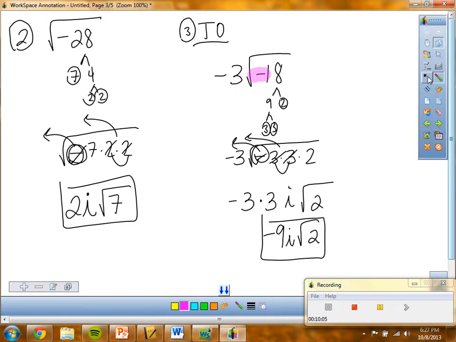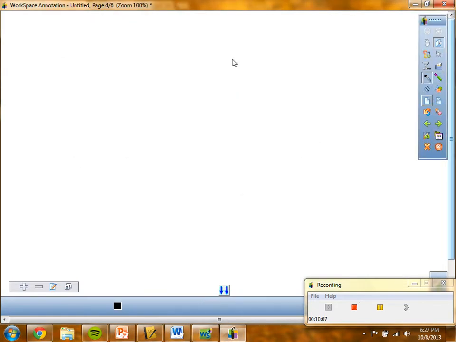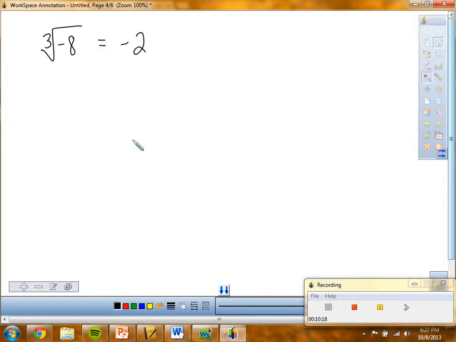Alright, so far we've only been dealing with what happens when we take square roots. What happens with our nth roots? So let's think about, for example, the third root of -8. We can type this in our calculator and it gives us an answer. It doesn't give us an error. Well, what if I do the fourth root of -16?